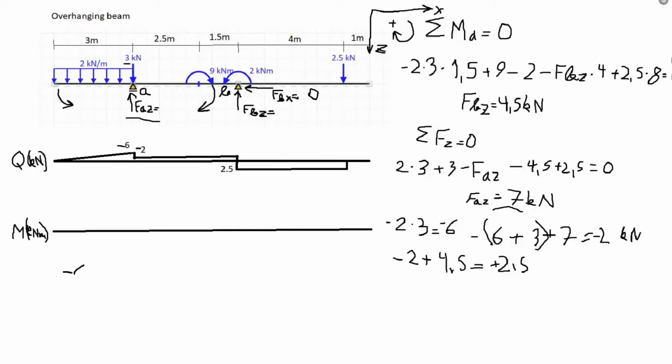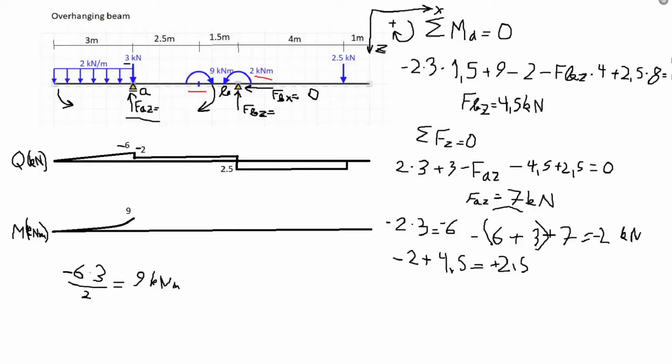So first off, we have this triangle, minus 6 times 3 divided by 2, which will give us an area of 9 kilonewton meters. And since this is a linear line, when we integrate a linear line, it will create an exponentially growing line. So 9 kilonewton meters.